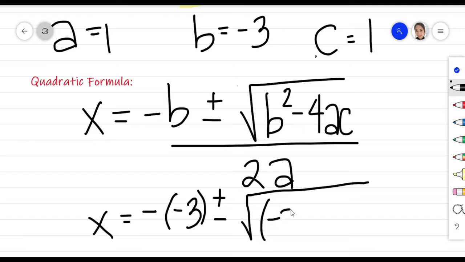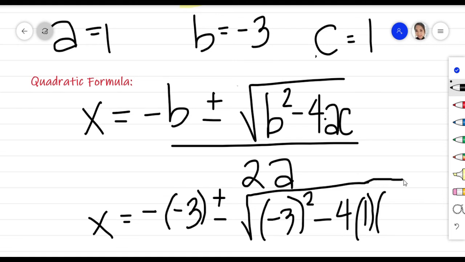So negative 3 squared minus 4 times a and c. So negative 4 times 1 times 1, which is our c.